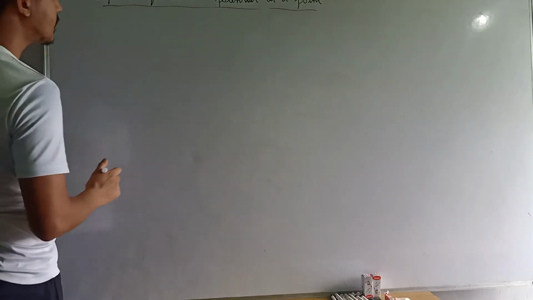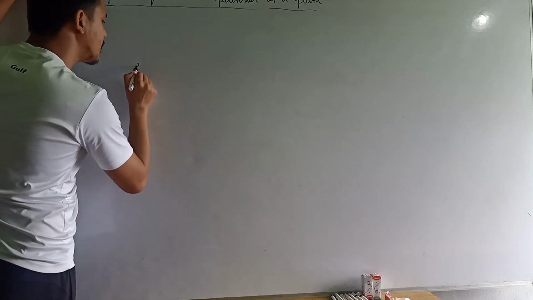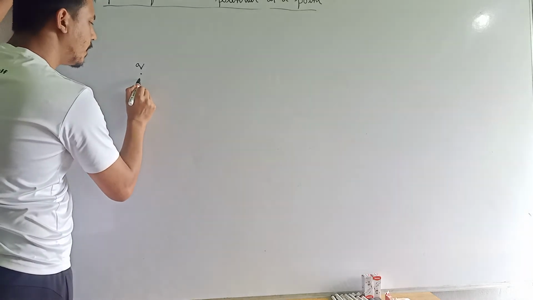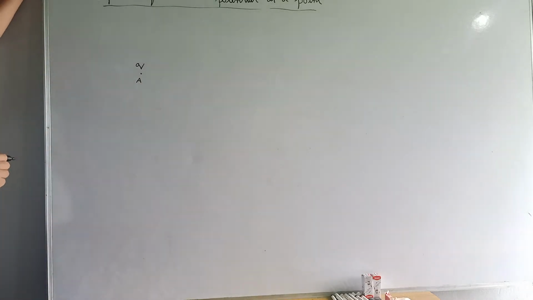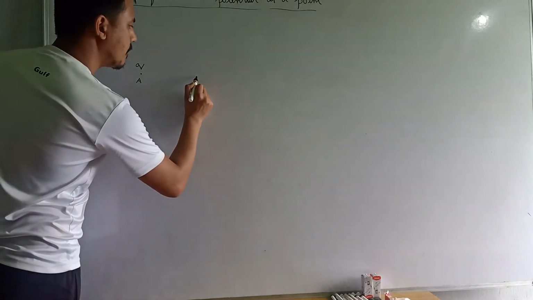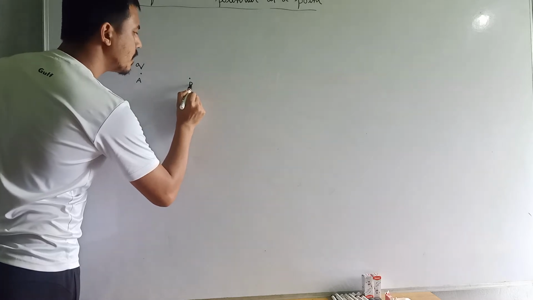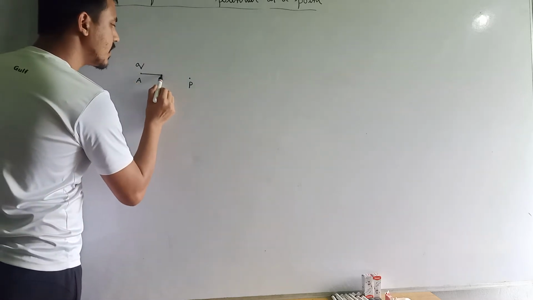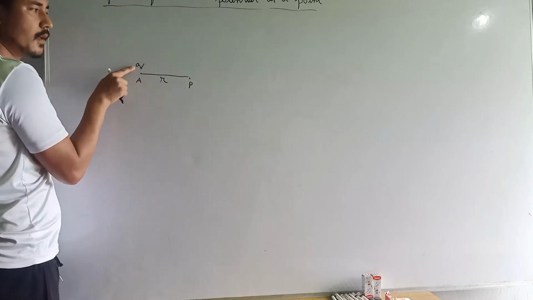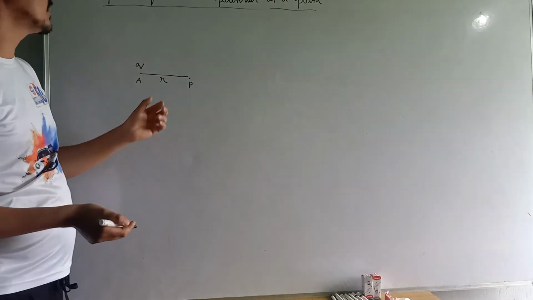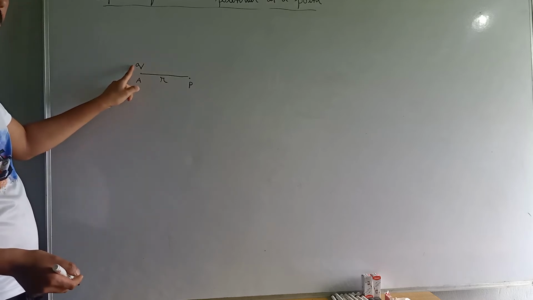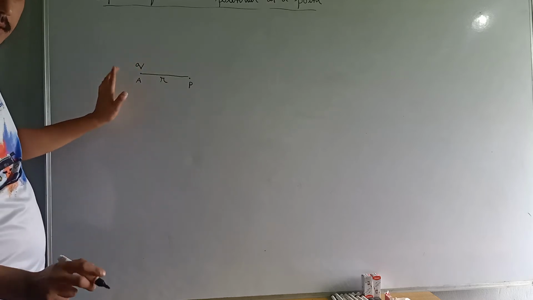So let's consider that a charge Q, a positive charge Q, is placed at the point A. And I want to find out the electric potential at this point P, which is placed at a distance r from A, due to this charge which is placed at A. Is it clear?